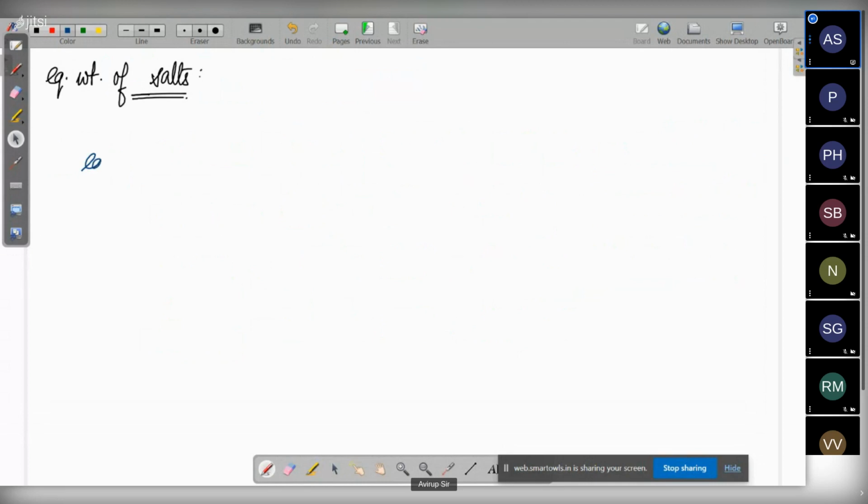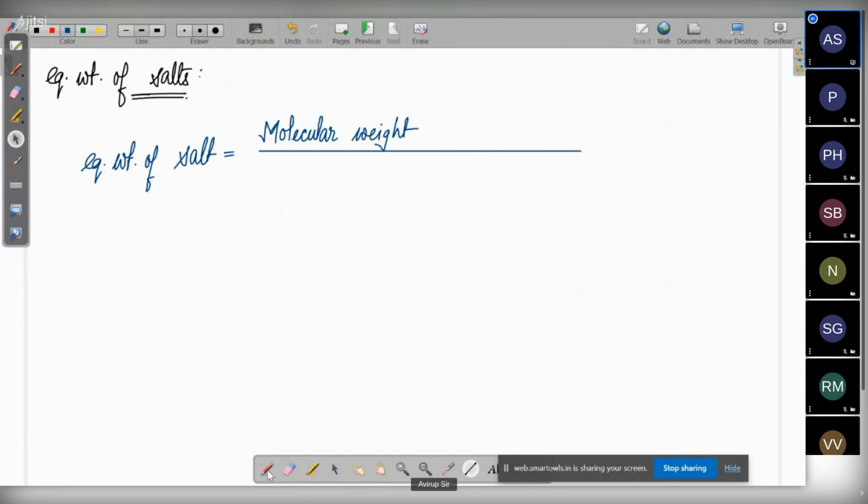So equivalent weight of salt is given by molecular weight divided by number of cation into valency of cation.